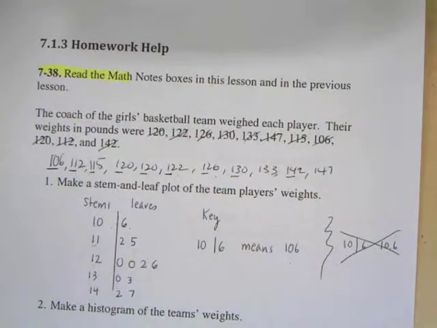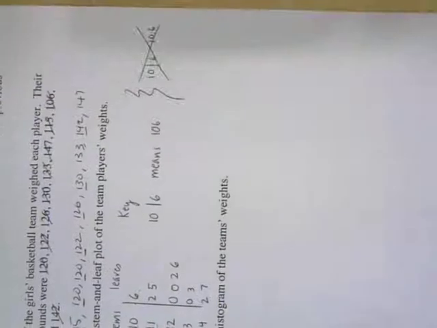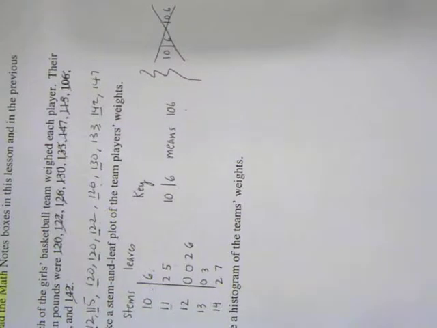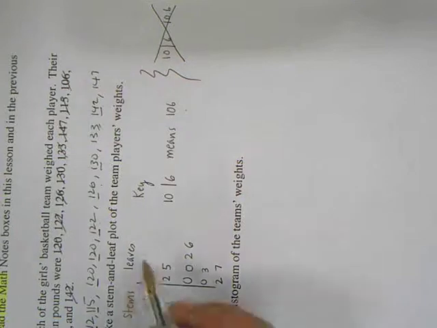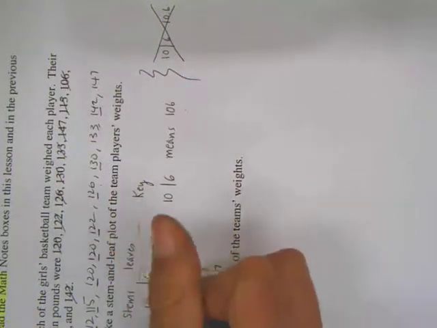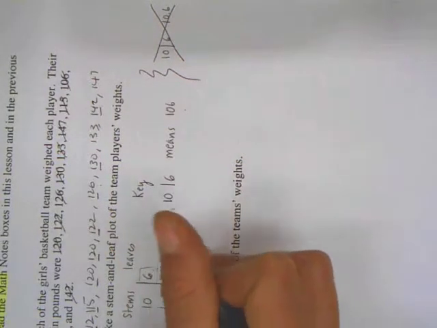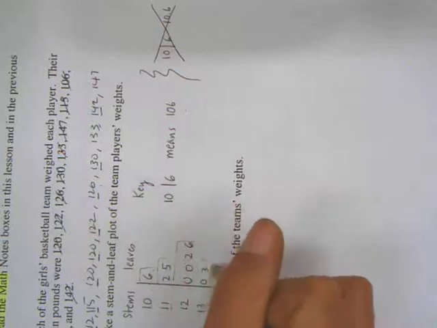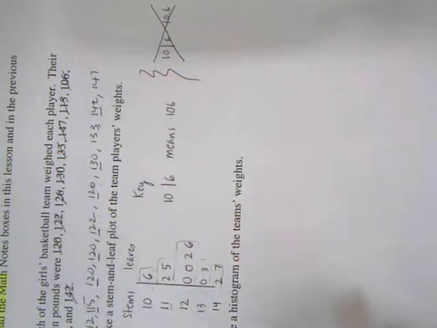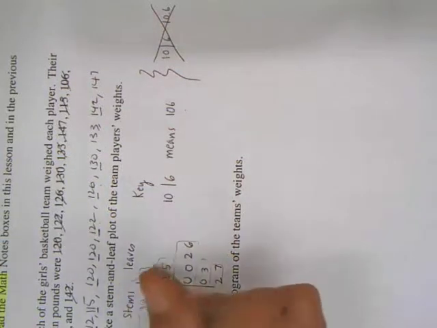Now, what's great about a stem and leaf plot is it actually looks like a bar graph. Or in this case it's actually going to be a histogram, and you can see the shape here. If we looked at the shape, it's pretty much got a single peak.